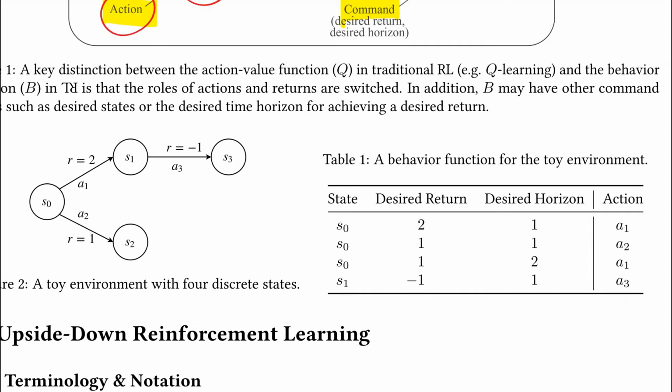So we can say from state S0, if I want to return in one time step, I have experienced this in the past, all I have to do is take action A1. But if I want one return in one time step, I have to take action A2. And you teach your behavior function to learn these things, to learn to output these actions with these things here as inputs.